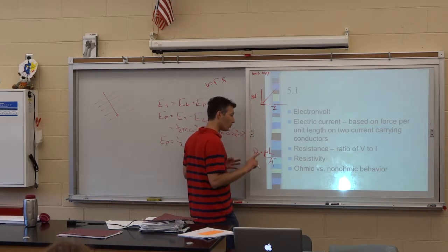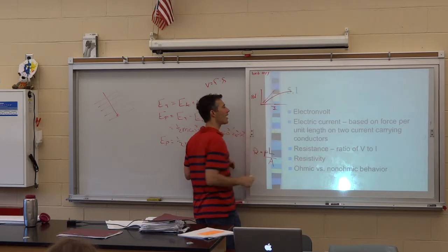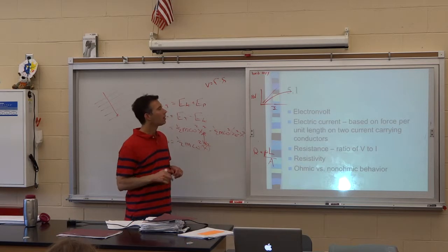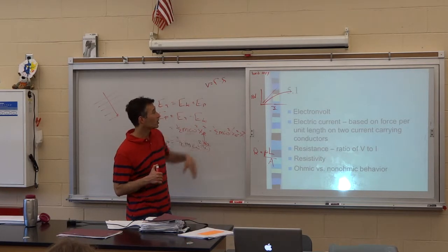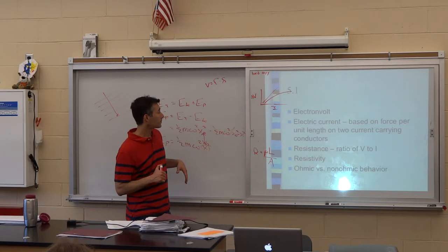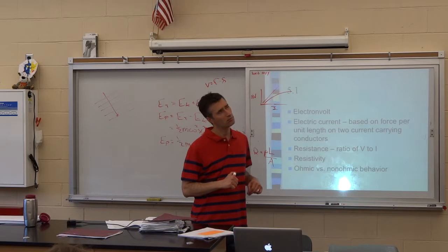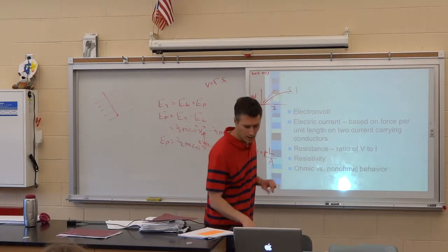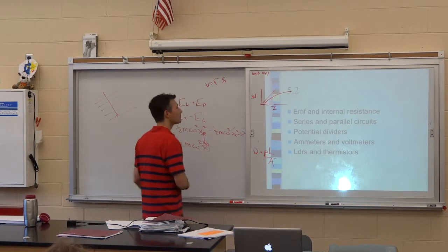A light bulb, I think, looks like that. And then there are some things that are non-ohmic but have a larger resistance at greater potential difference. I might be wrong about the way that goes. Don't quote me.